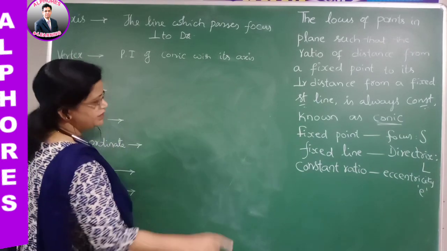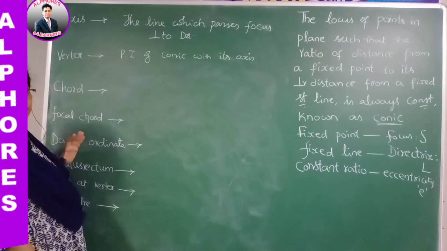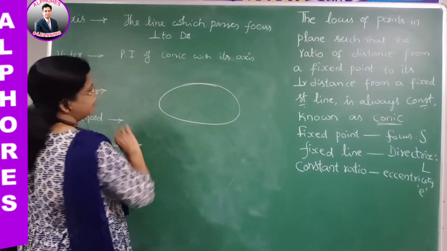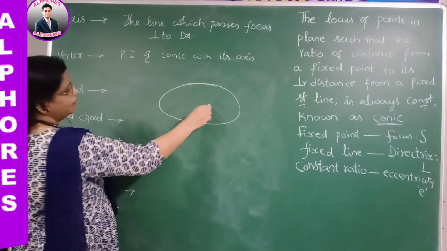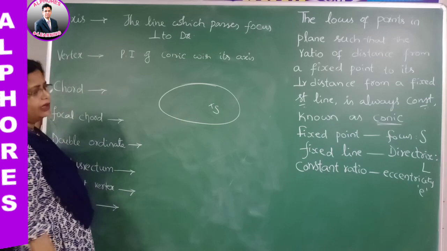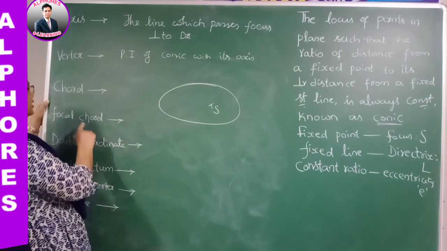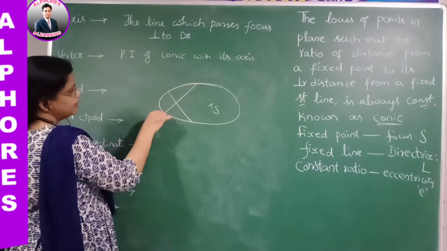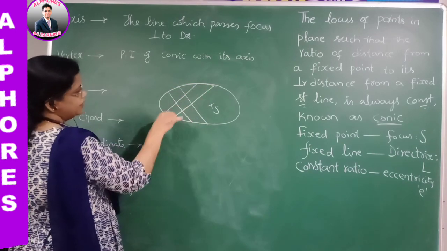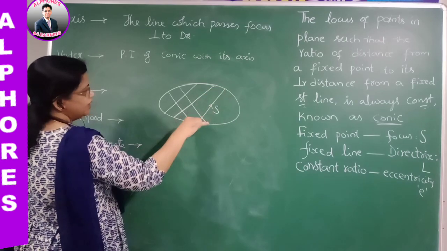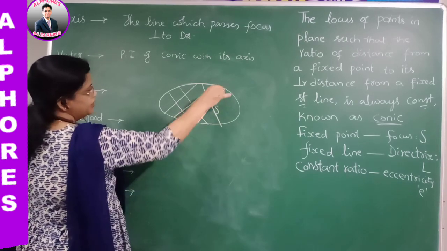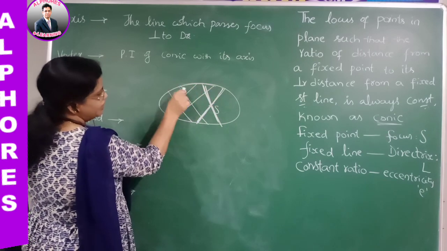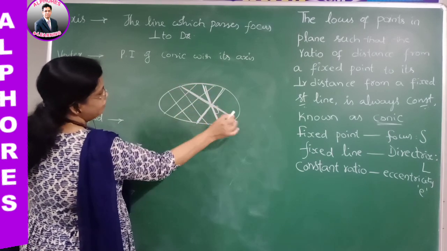And the next one, what about the focal chord? Students, just now we have seen the definition of focus. For any conic, suppose I am taking this kind of conic, and this is our focus. Now suppose a chord is passing through the focus. There are many chords here. This is a chord, this is a chord, like this. Particularly if chords are passing through the focus in this way, then these kind of chords are known as focal chords.